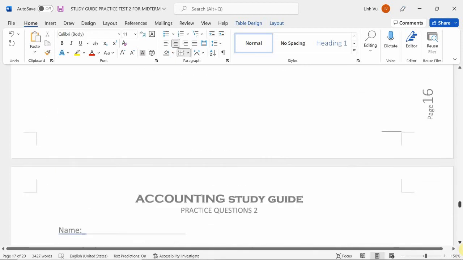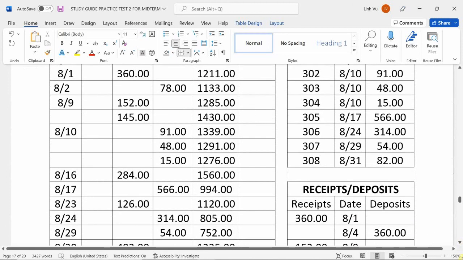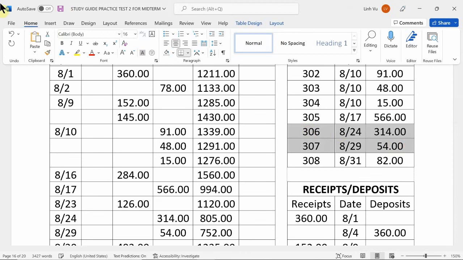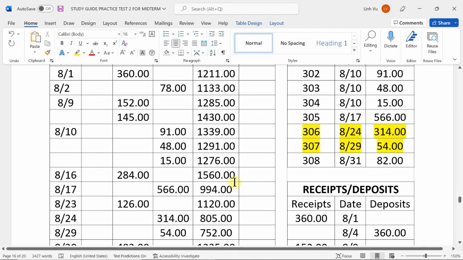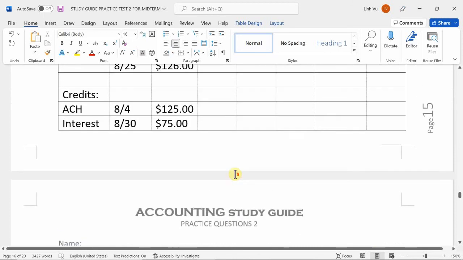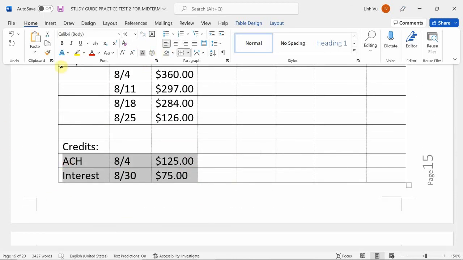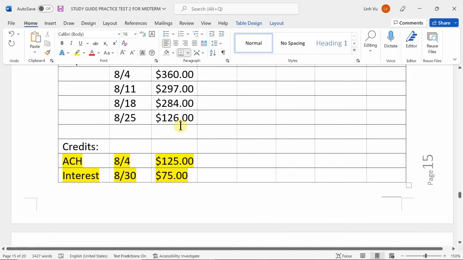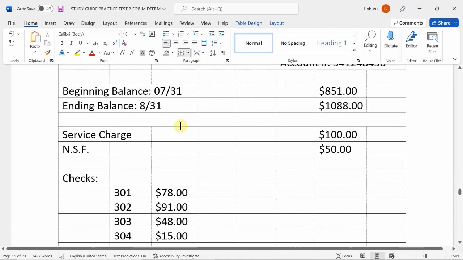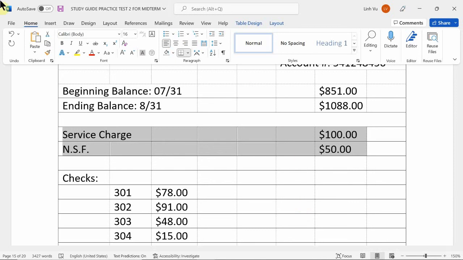And then I need to check to make sure that I have to take out all the fees that were charged to my bank, right? So let's see what those are. Usually they're always at the top of your window. So here you got charged a service charge and an NSF fee for $50.